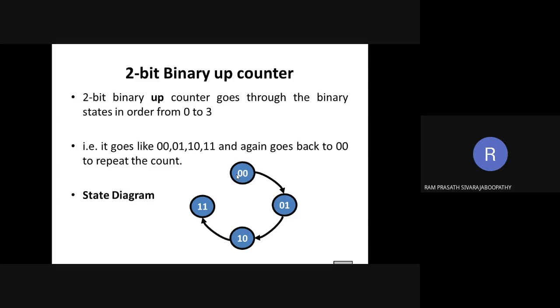What about the next state? After 1 1, again it has to go to 0 0. That's all. See, state diagram, how simple it is. This is called state diagram: how the state of the flip-flops must change for each and every clock pulse. That's what we are representing as a diagram. That only we call a state diagram. Is it simple or difficult?